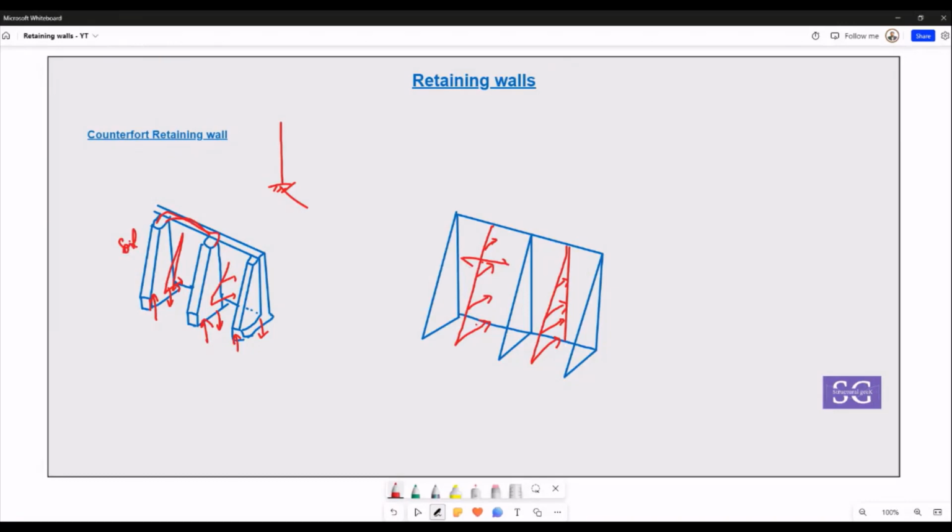So the horizontal panels of the wall transfer the loads to the counterforts, and the counterforts further transfer those loads as a push-pull action, pull on this side and push on this side, transferring the loads to the bottom. This is how the load transfer for a counterfort retaining wall occurs.